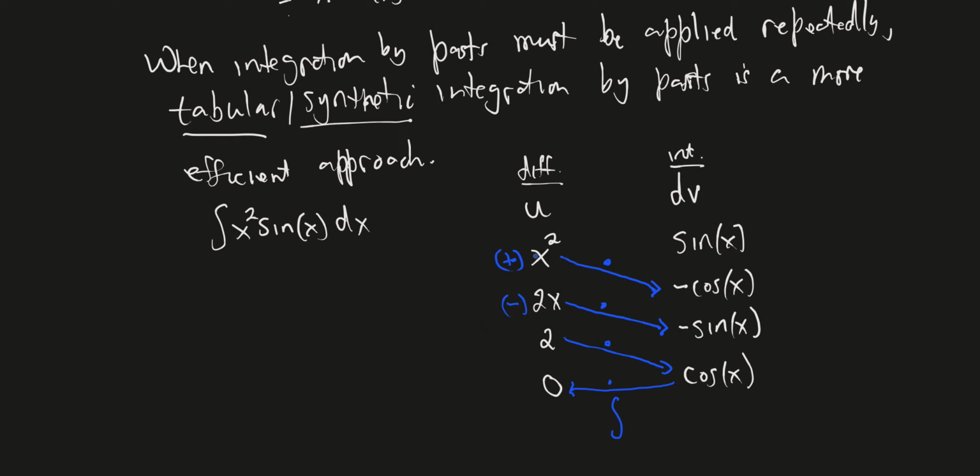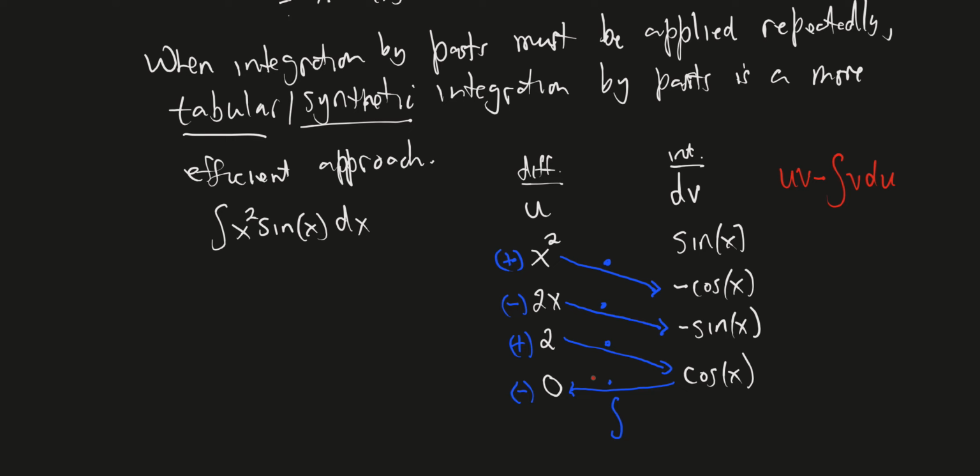So a positive x squared, and then a minus 2x, and then a positive 2, and I mean technically a minus 0, right? So in order to apply that minus sign that comes up, again, let me write the formula that I wrote earlier. This negative sign, if for instance we have to apply integration by parts a second or a third time, this negative sign would have to be distributed to the entire remainder of the formula. And that's what happens here. That's why these signs alternate.